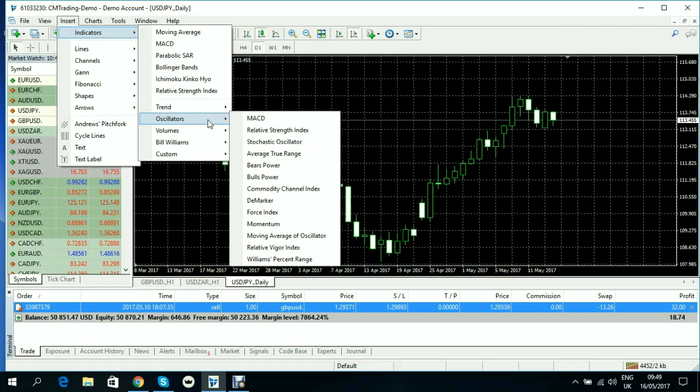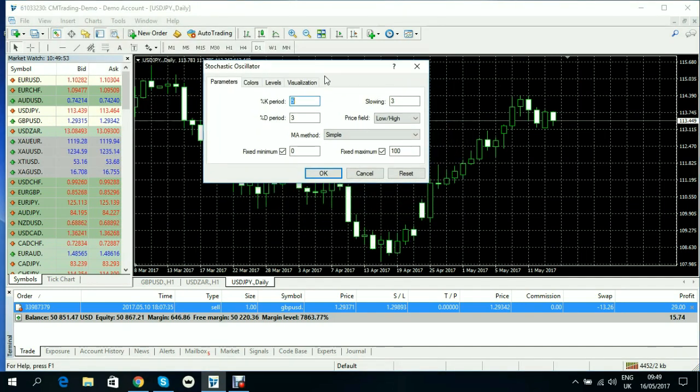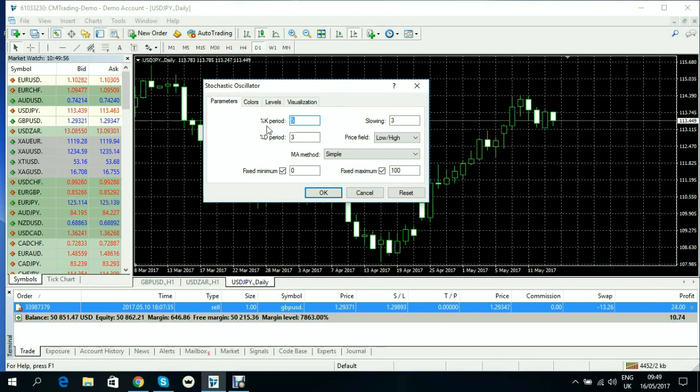So we come to oscillators, and then we look for stochastic oscillator here, and then we click. Let's use the default parameters: the K period 5, the slowing 3, the D period also 3, and let's use the MA method simple, and the fixed minimum 0 and the fixed maximum 100.